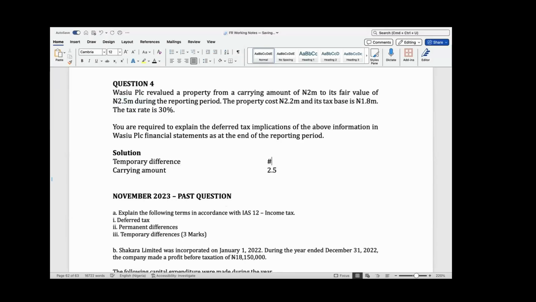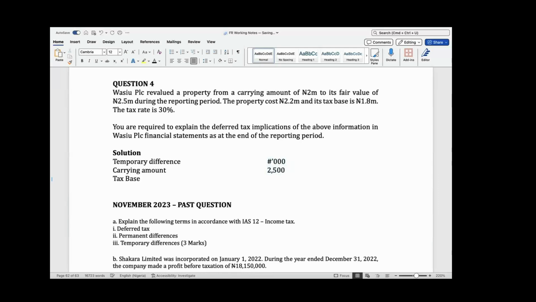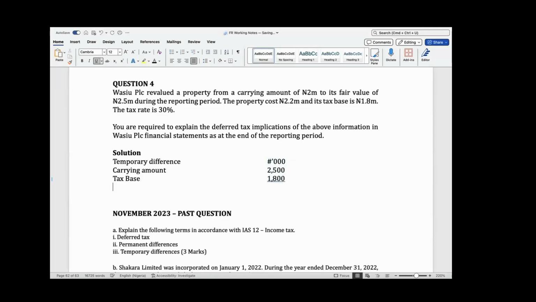Just for ease, this is still the same thing as 2.5 million, changing it from millions to thousands. And my tax base was given to me as 1.8 million. So there's a difference here.